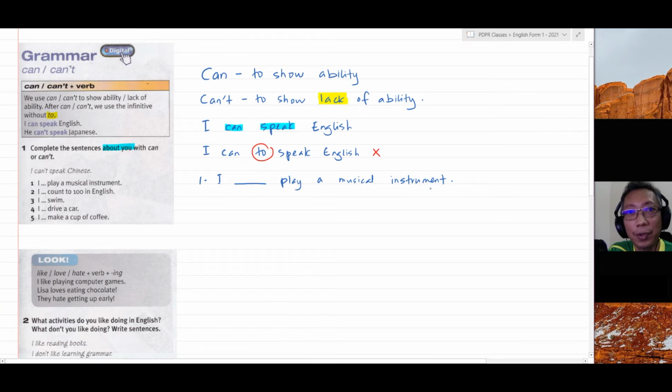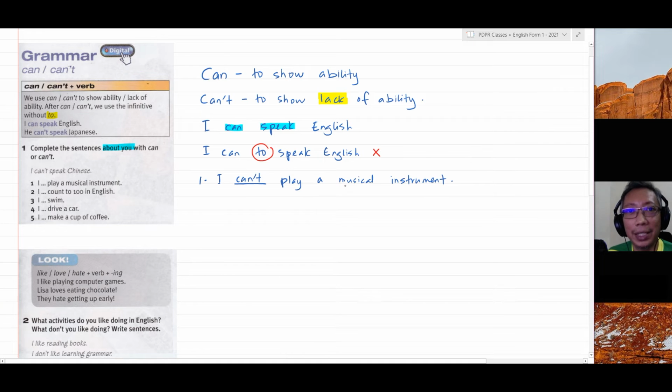Okay, for myself, I can't play a musical instrument because I'm not able to play any musical instrument. So let's say you have the ability to play a musical instrument, whether it is a guitar, a recorder, a piano, whatever. So for number 1, you might answer can.